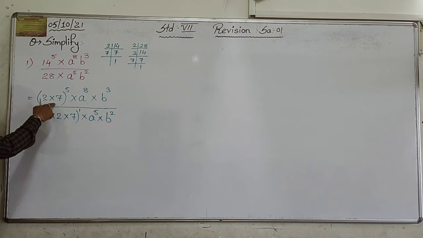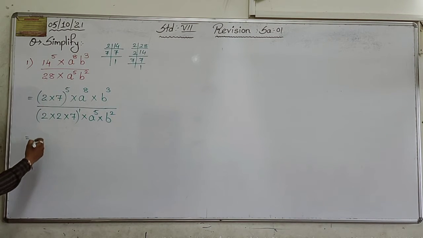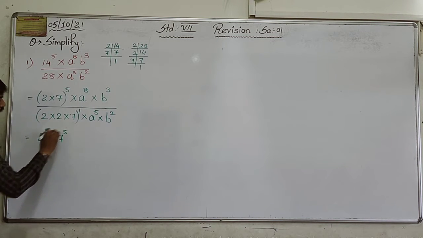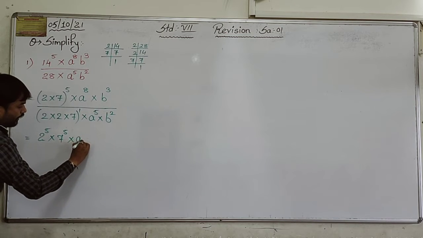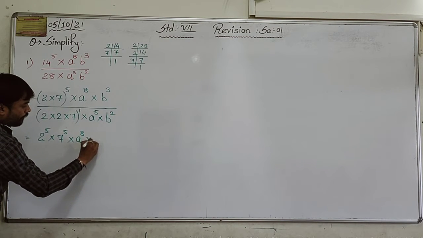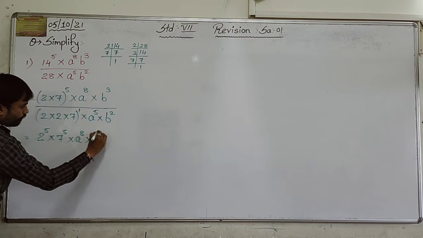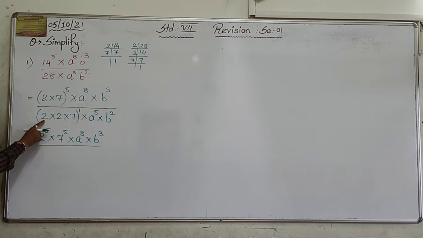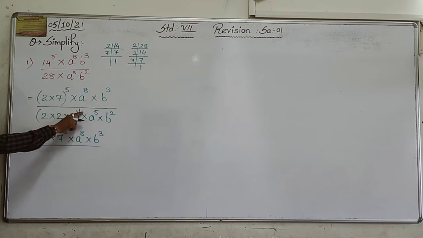power of a product. Right? So we have to distribute 5 to both the numbers. So it will be 2 raised to 5 multiplied by 7 raised to 5 multiplied by a raised to 8 multiplied by b raised to 3, upon. Now here you can see that raised to 1 is there.